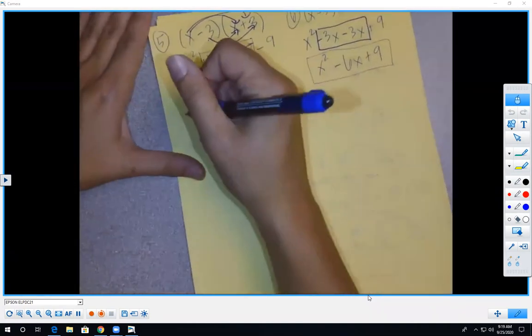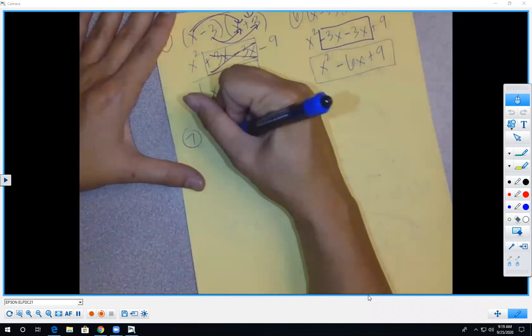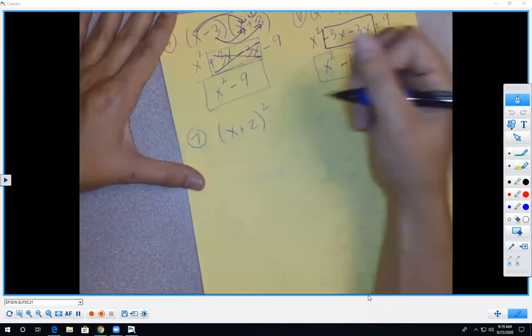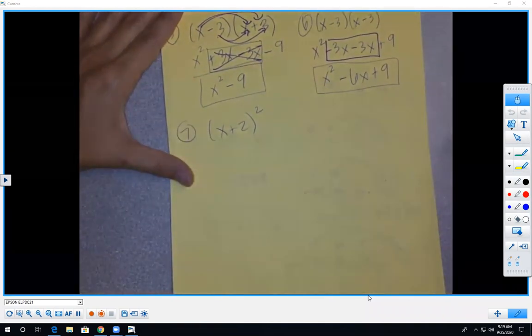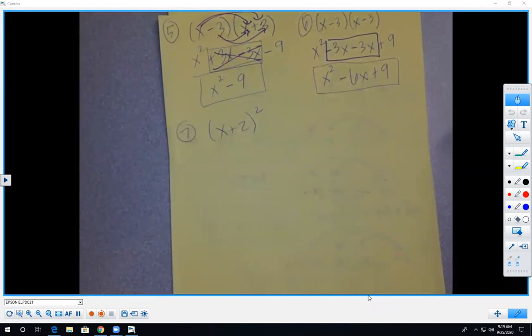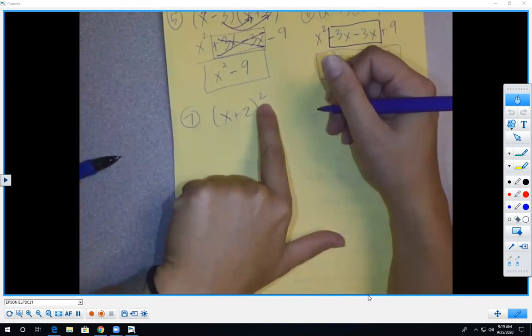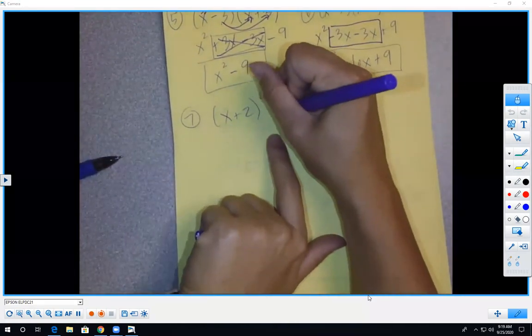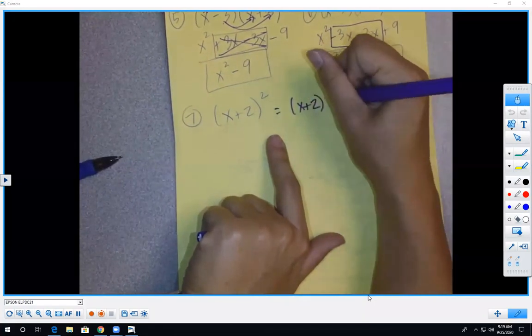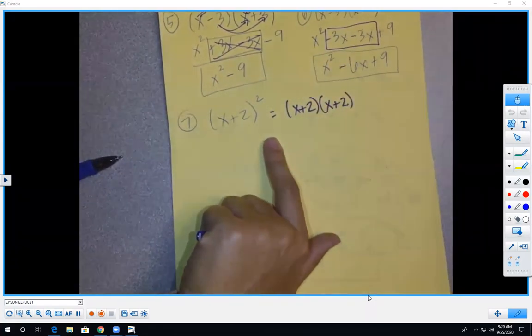Okay, the other thing is when we have a problem that looks like this, x plus 2 squared. I can't just distribute my squared there and say it's x squared plus 4. You have to write it 2 times because squared means something times itself. So I have to write this as x plus 2 times x plus 2 and then work it out.